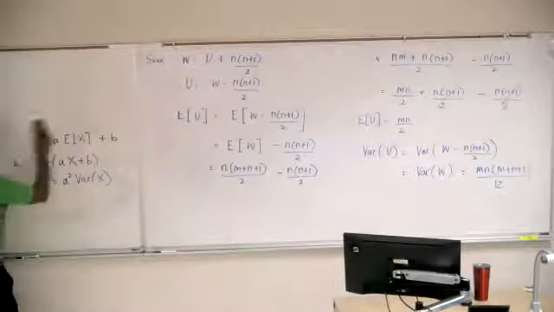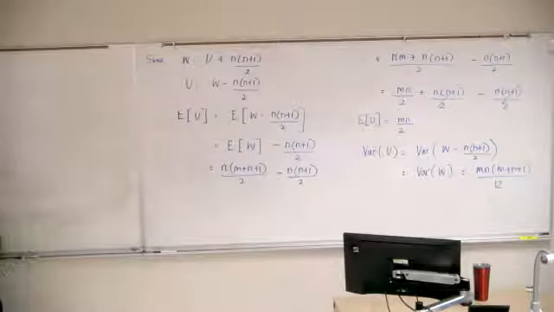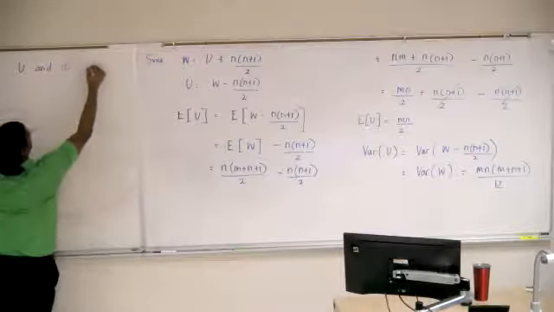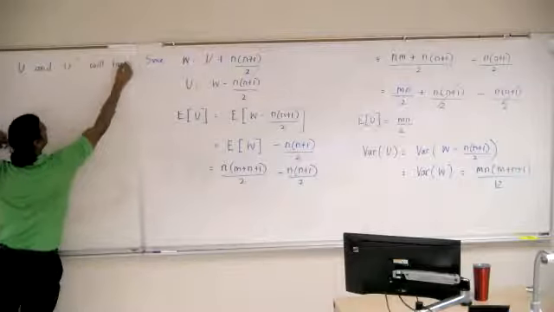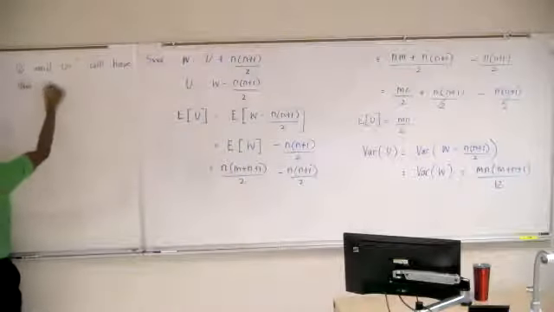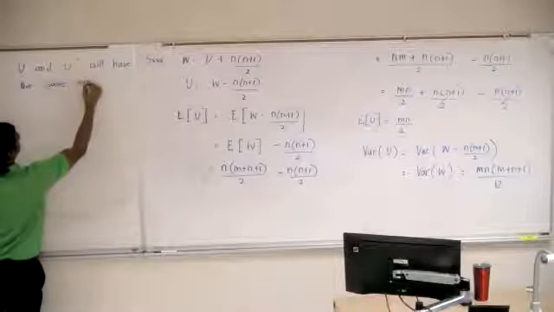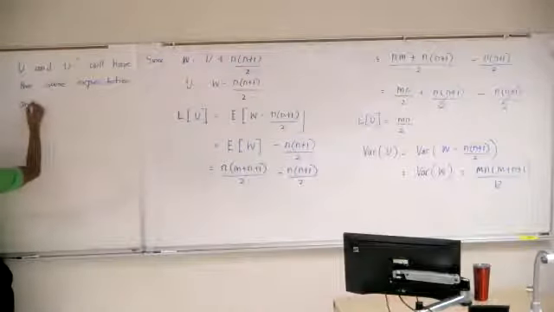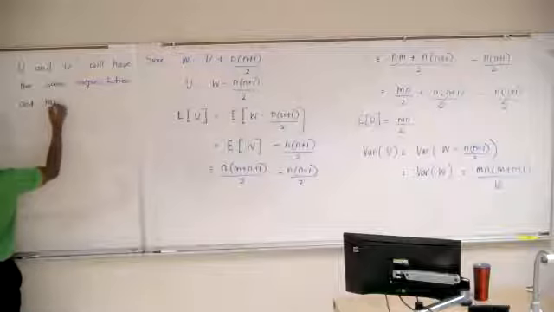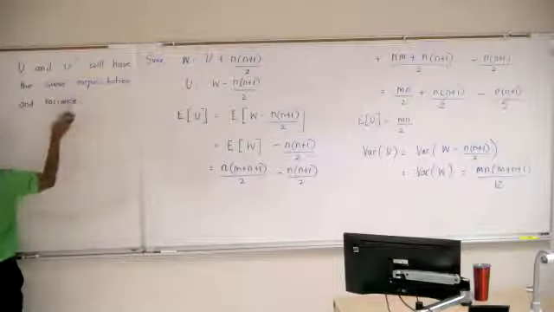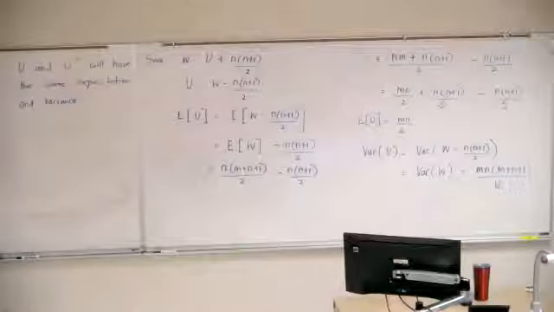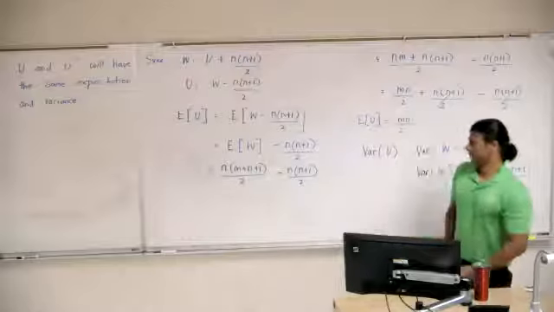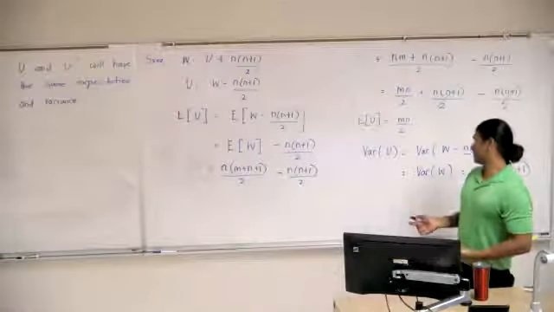Now, erase. The statement that I'm going to make is U and U prime will have the same expectation and variance. It's not going to change. They are symmetric for one. What is an easier way to show that?